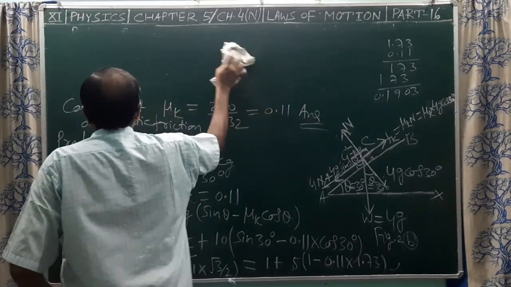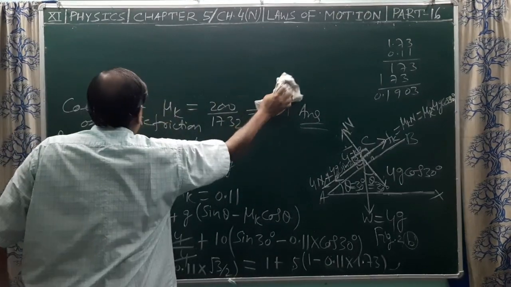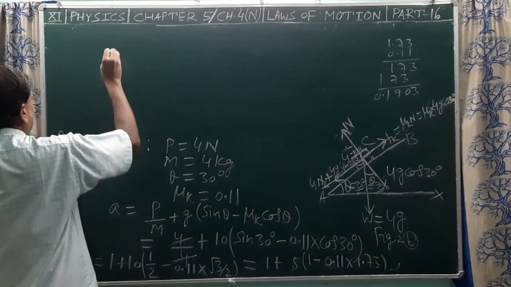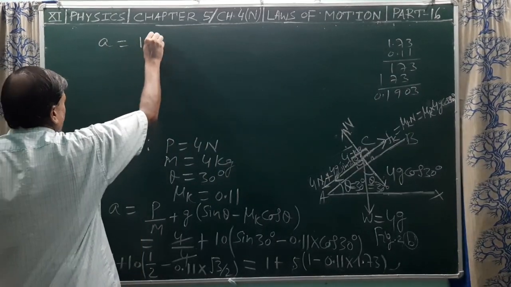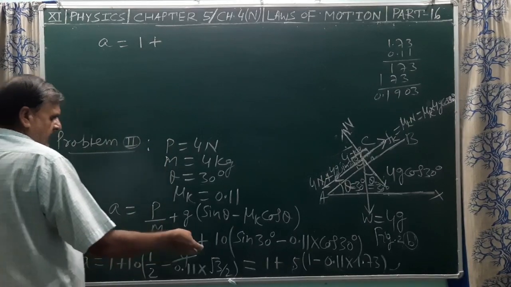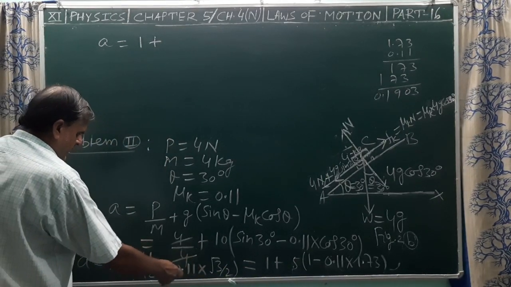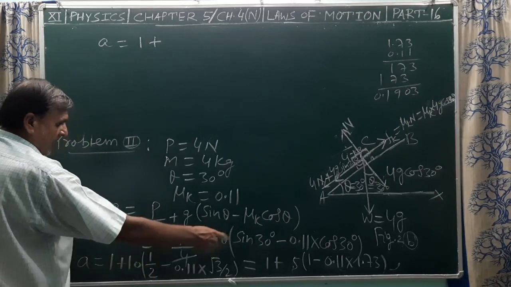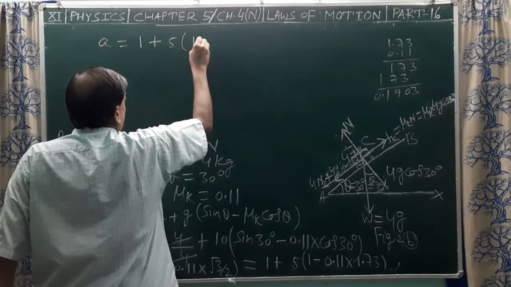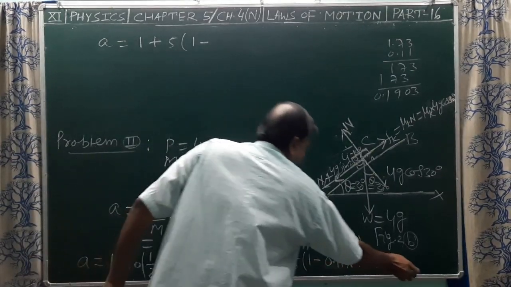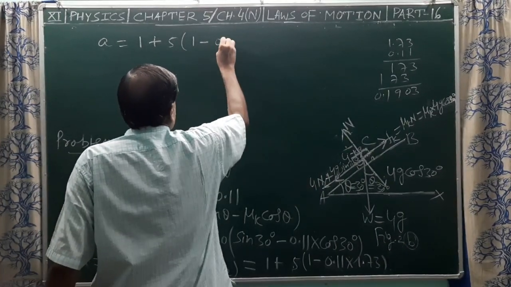So now downward acceleration of the block, now we will obtain. So it is downward acceleration A equal to first term is 1 plus, that is 4 by 4, 1, and second term is 10 by 2, 2 LCM है, तो 2 से कैंसिल करा दिया गया 10 को, तो 5 हो गया. 5 अंडर ब्रैकेट 1 minus 0.11 multiplied by 1.73 is 0.1903.